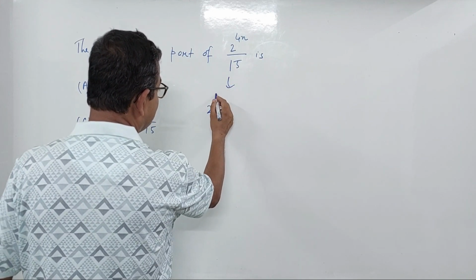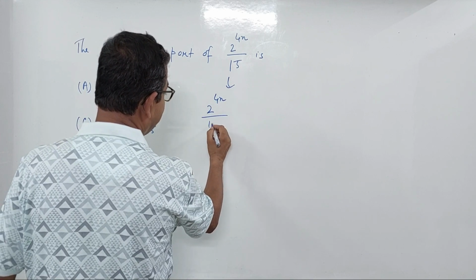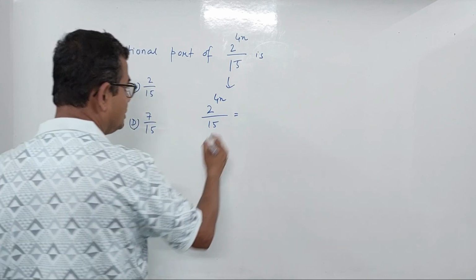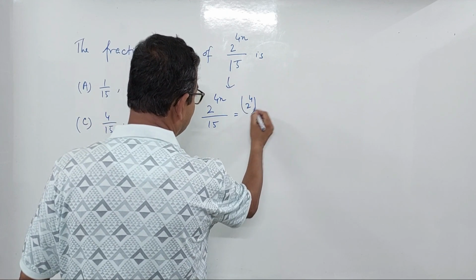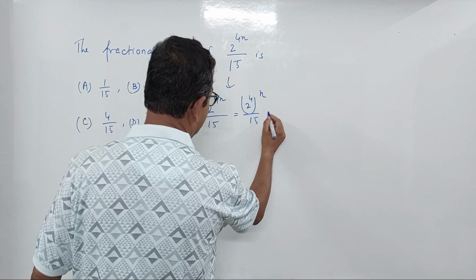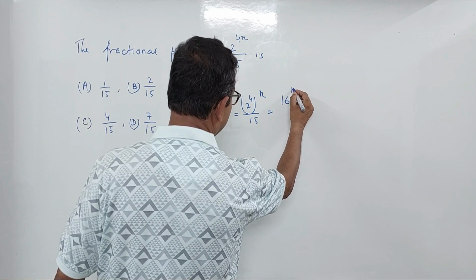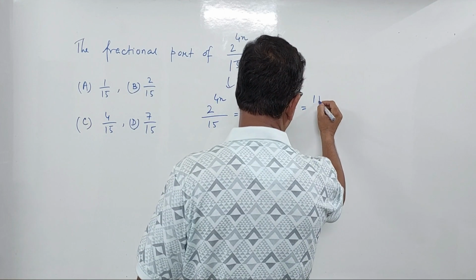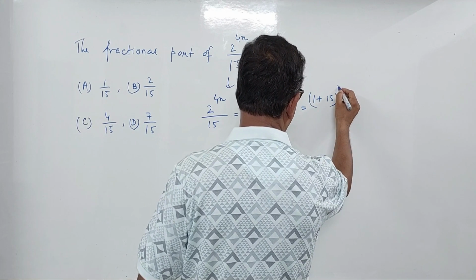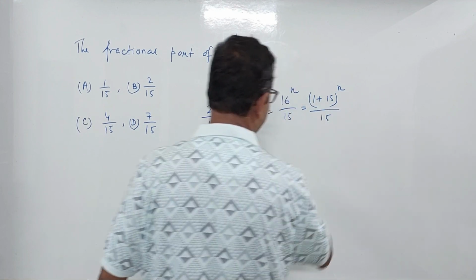2 to the power 4n upon 15, that is 2 to the power 4 whole to the power n by 15, that is 16 to the power n by 15, and we can write 1 plus 15 to the power n by 15.